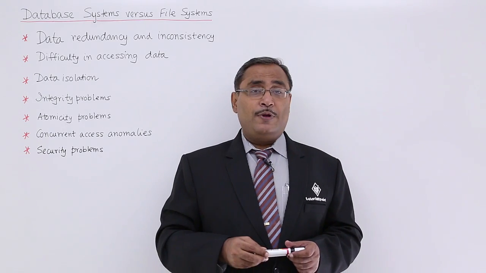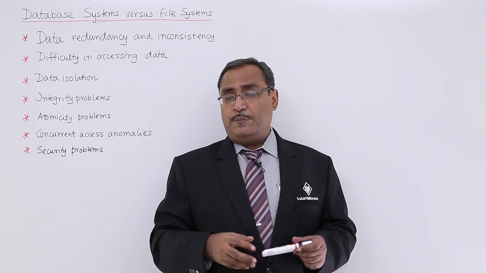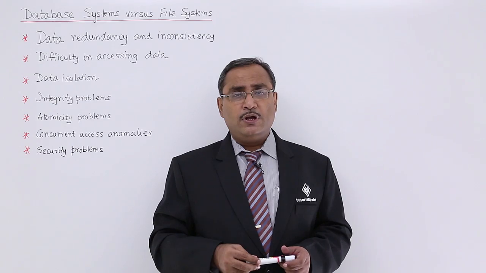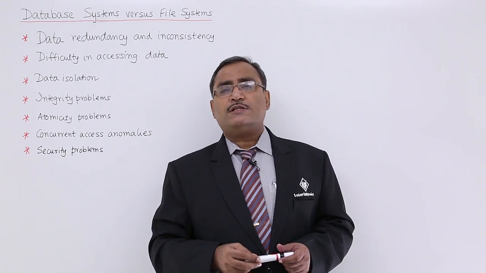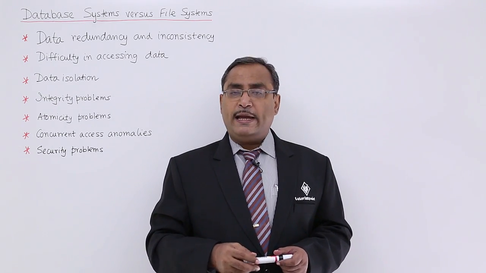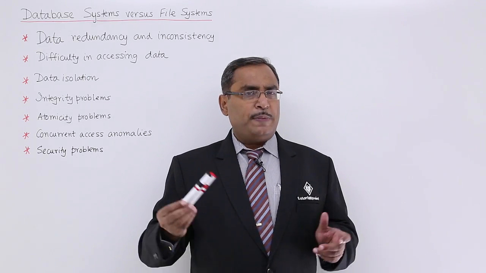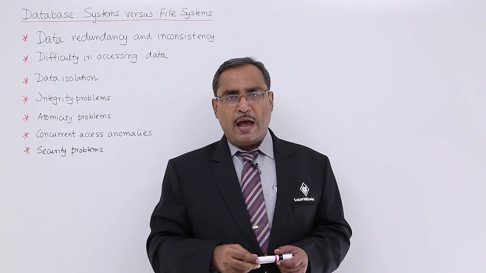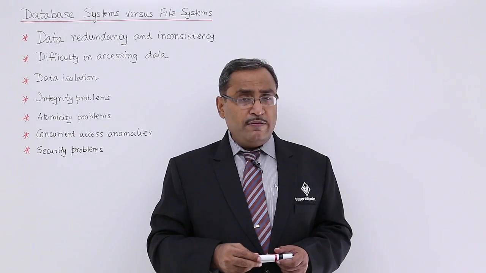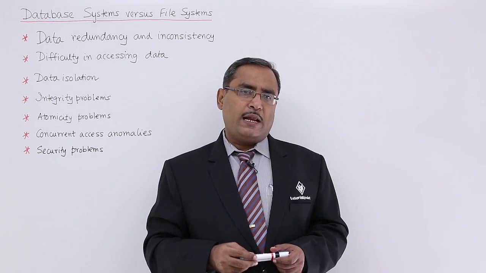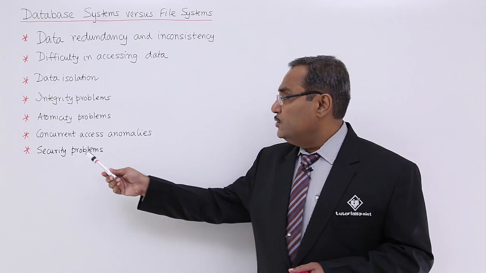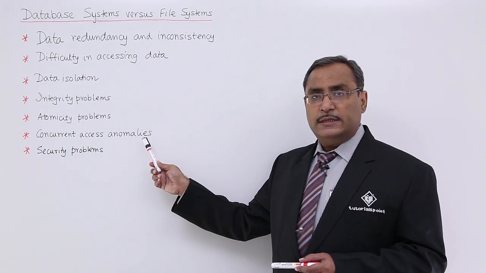But that sort of resolution may not take place in case of file processing system. So this 40,000 plus 40,000 may get withdrawn from the account in spite of the fact the account was having the balance of 50,000, leaving behind minus 30,000 balance. So that is known as your concurrent access anomalies.